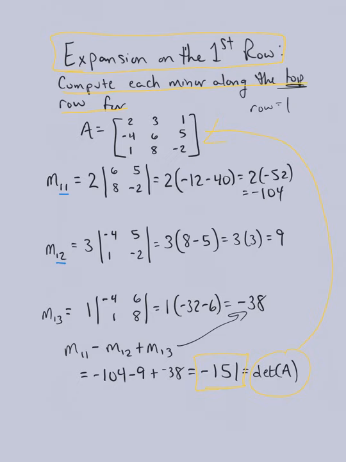All right, so that's how we're going to compute determinants. We're going to expand along the top row, and then we have to combine those 3 numbers. We have to use that sign pattern that we add, then we subtract, and then we add. All right, so the basic technique that we'll use to compute determinants for larger matrices than 2 by 2 is that we'll talk about expansion in the top row.